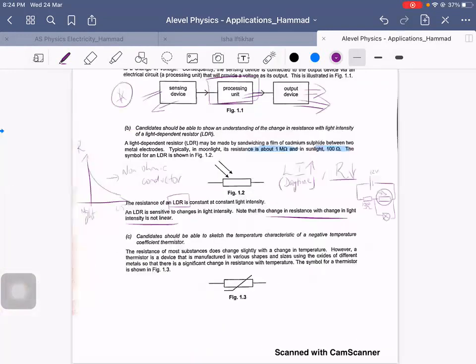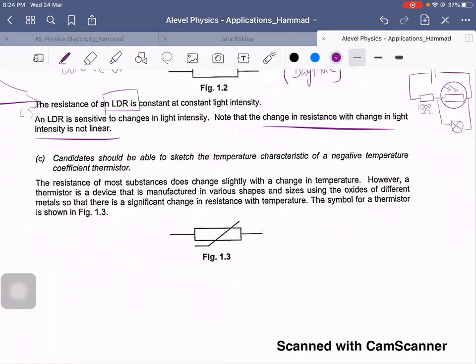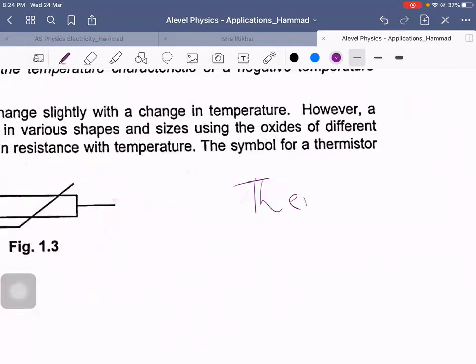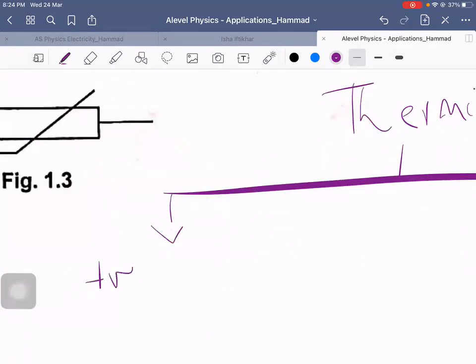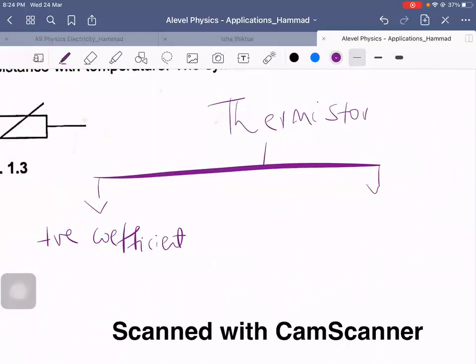Moving forward, there's a thermistor. There are two different types of thermistors. One is a positive coefficient thermistor. One is a negative coefficient thermistor. Right?